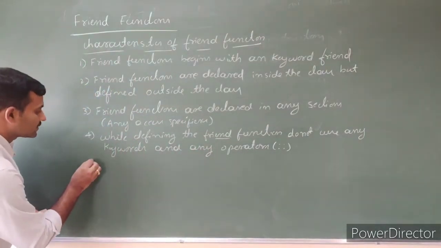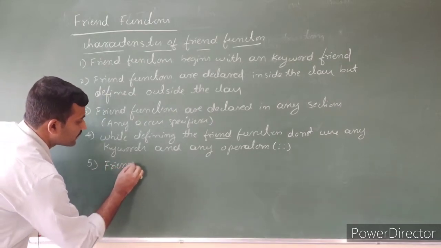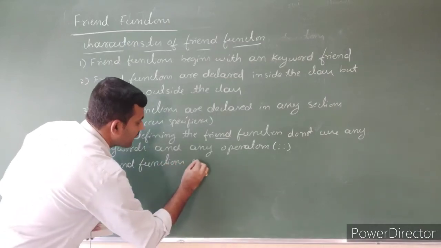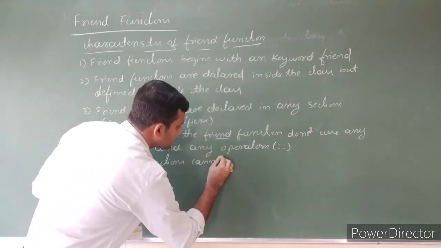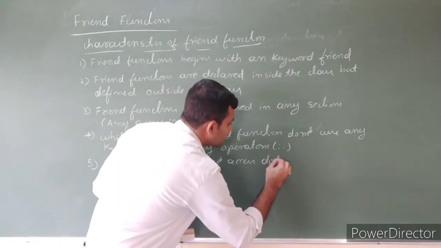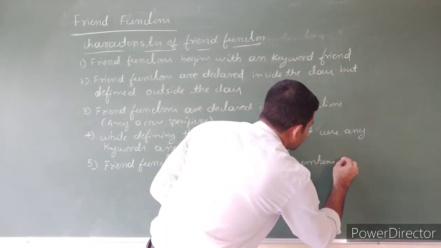Then the fifth one is: friend functions cannot access data members directly.